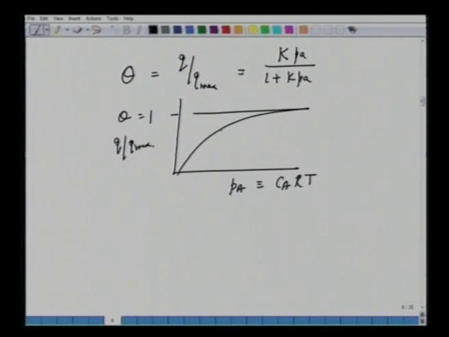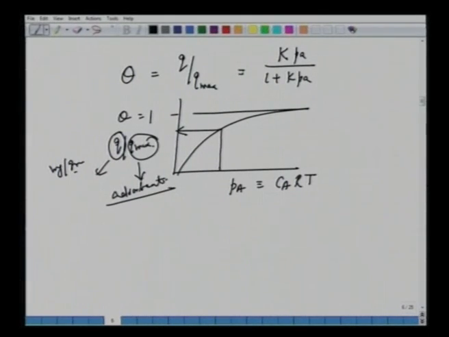Given this partial pressure or concentration, how much is the loading here, Q, in milligram per gram? Q max will be the property of the adsorbent, what adsorbent we are using here, how many maximum sites are available. So this type of information has to be given for us to do any calculations.